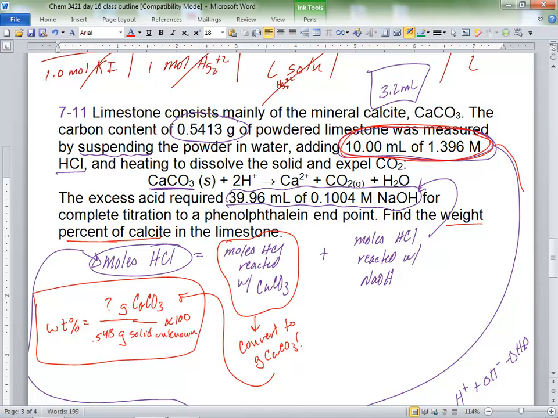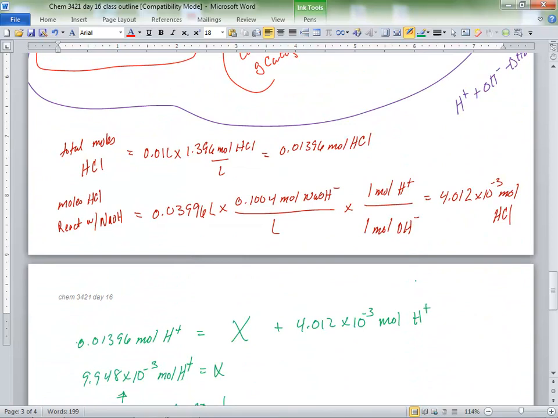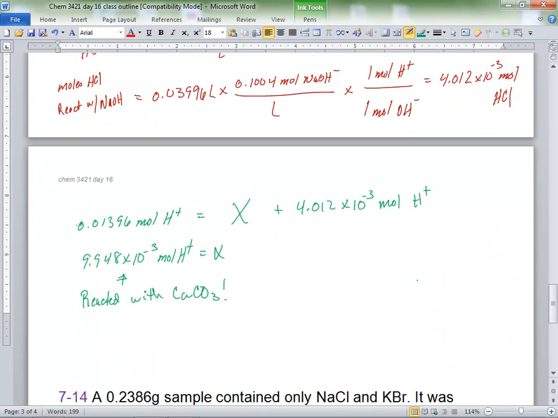And then that's the total, and then the other amount, this amount. Okay, wait, where's the calculation for the CaCO3? Okay, I didn't do that. So 9.9.